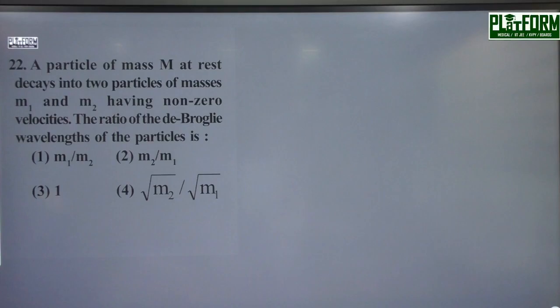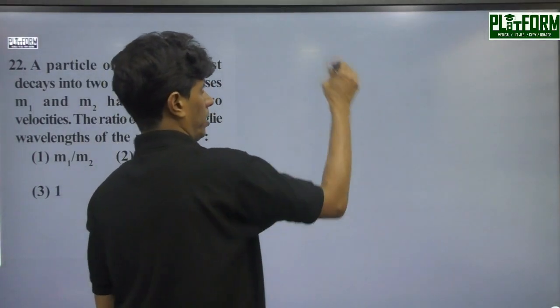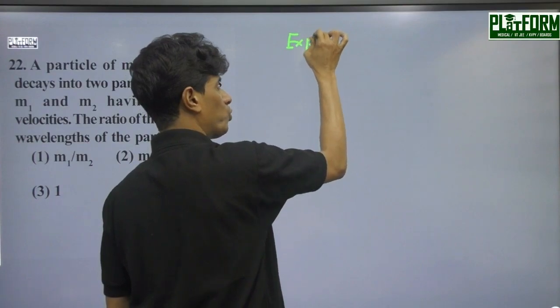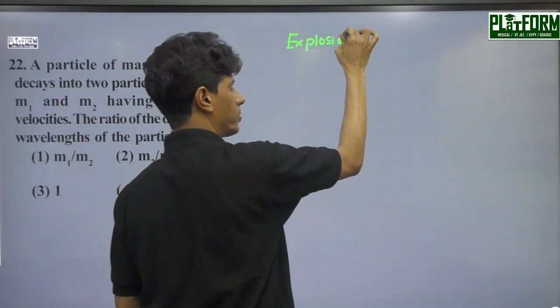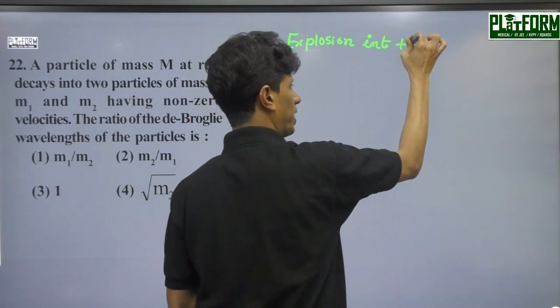Next question. A particle of mass m at rest decays into two particles of masses m1 and m2. You know, it is an explosion into two particles.